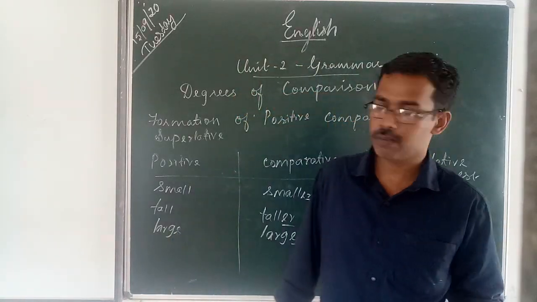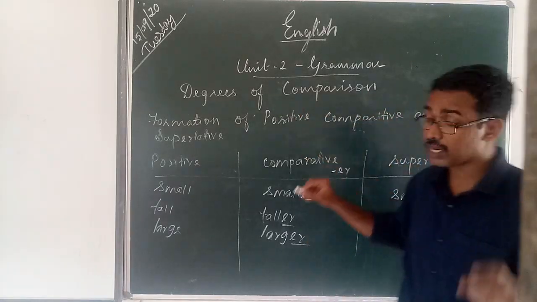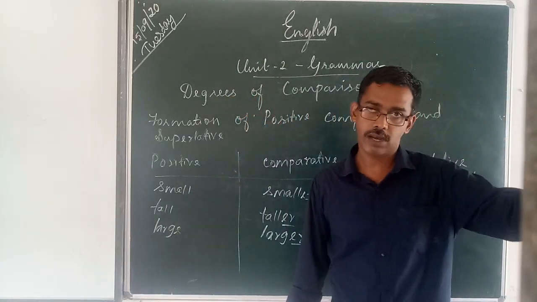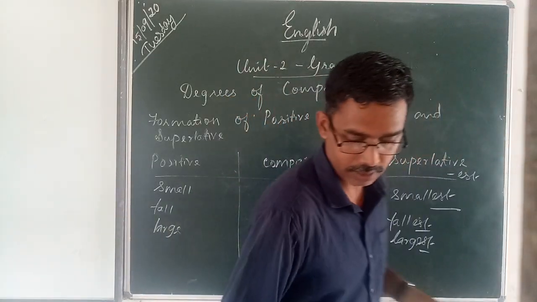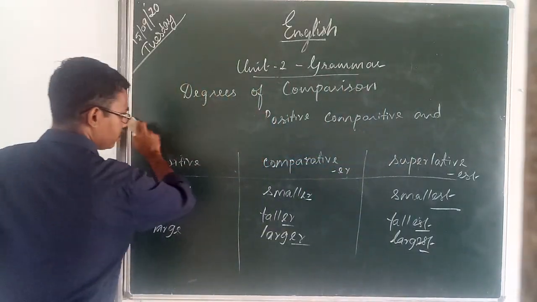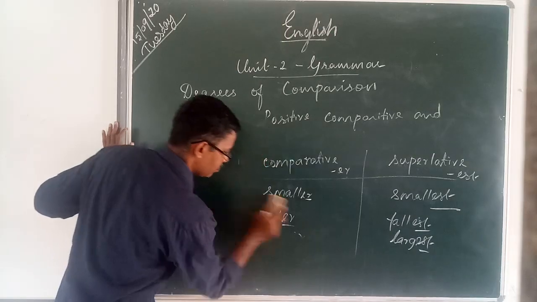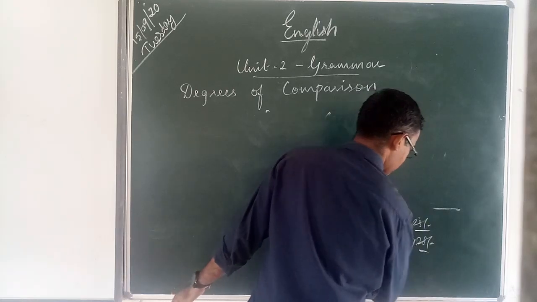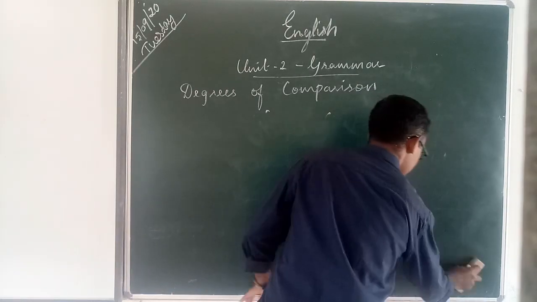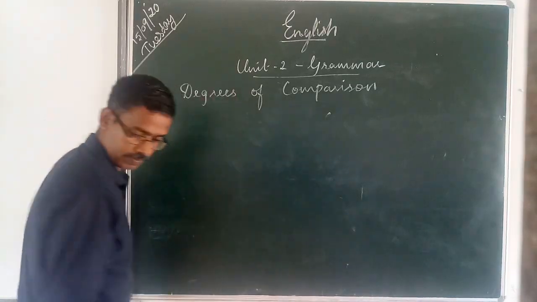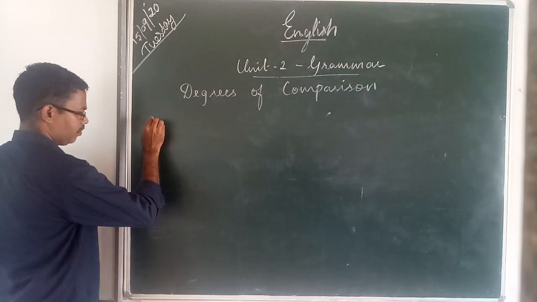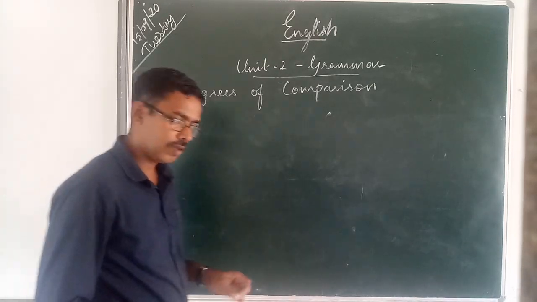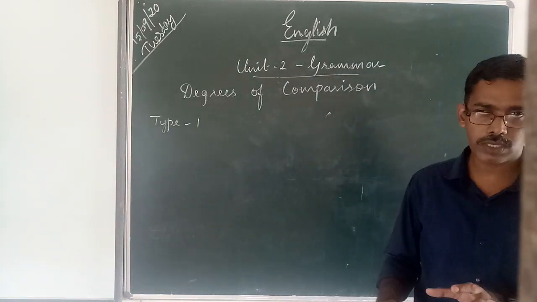Here there are three forms of degrees of comparison. The first one is, in a group, you are listing the topmost person.